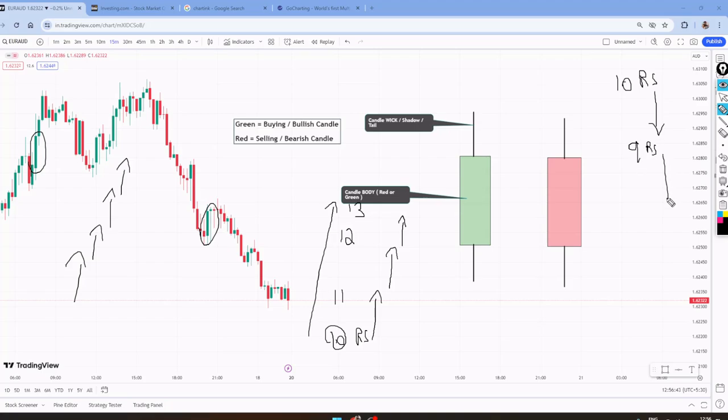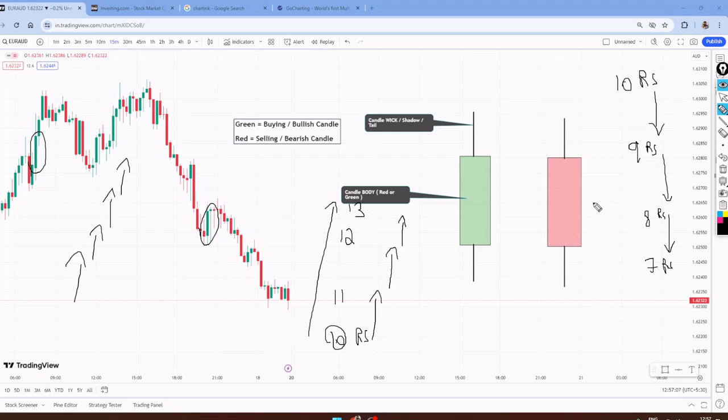From 9 rupee again it is going down to 8 rupee. From 8 rupee again it is going down to 7 rupee. So in a red candle price is decreasing, in a green candle price is increasing. And in other words, in a green candle people are buying, price is increasing. In a red candle people are selling, price is decreasing.